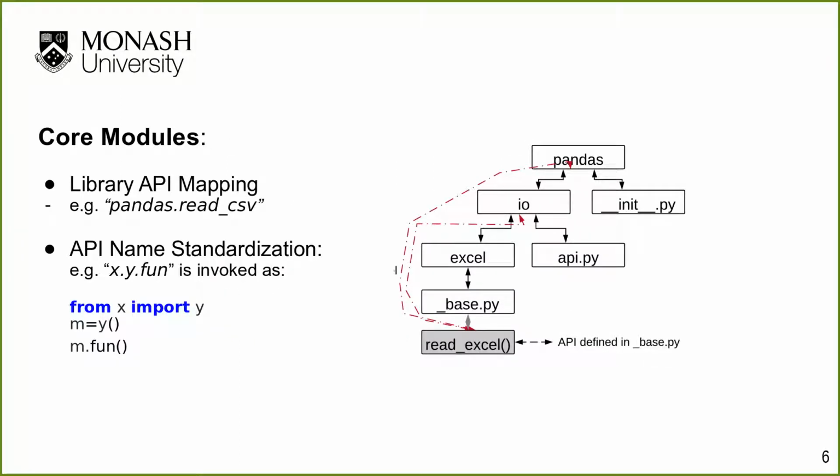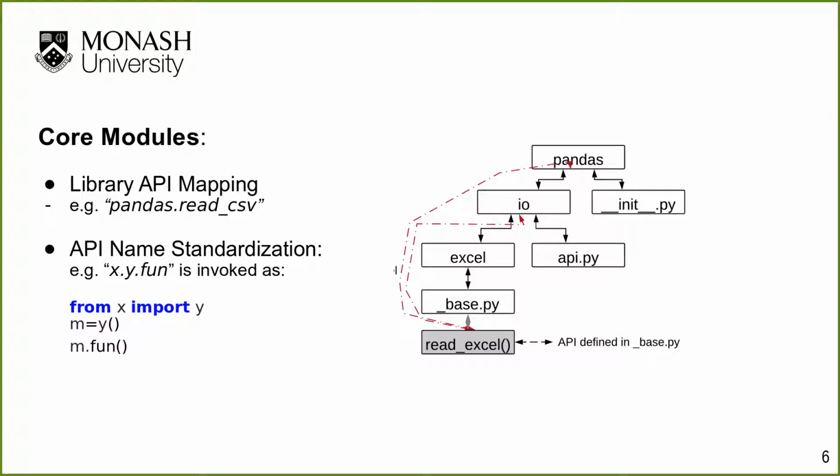Although the idea is very simple, there are indeed some challenges that some of the core modules in SnifferDog have addressed. One of them is library API mapping. Library API mapping aims to process library source files to generate client APIs. Client APIs are normally like a dotted string, which does not actually refer to its implementation details.